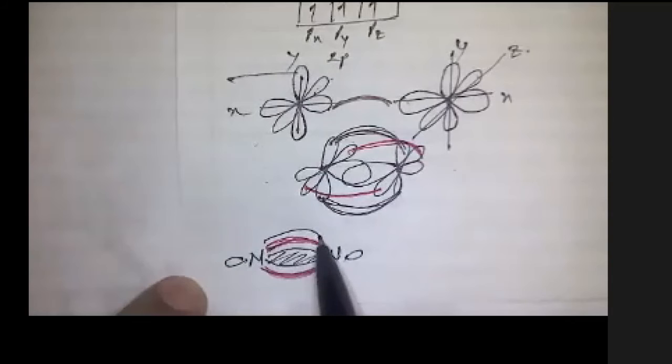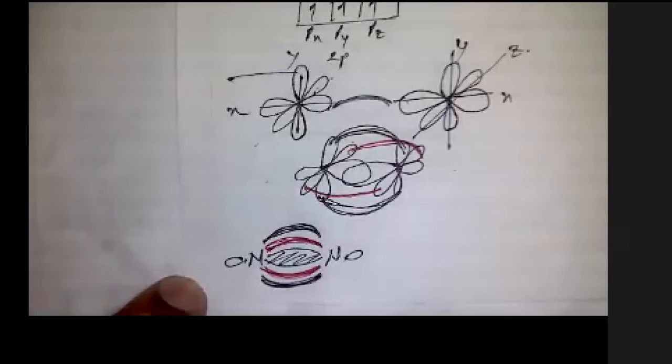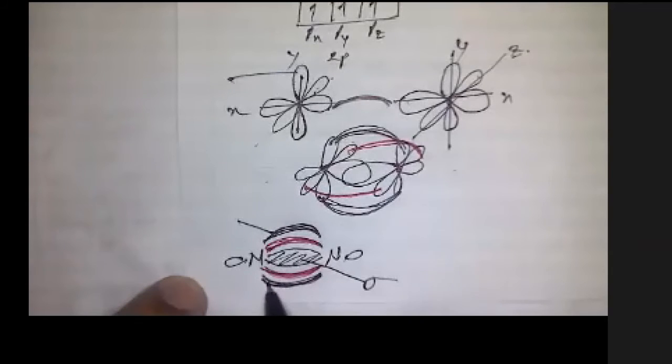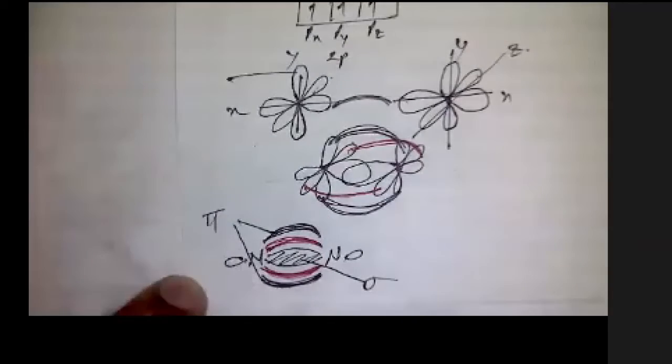So we just represent it here. I'm just representing it like this, but actually it is perpendicular to each other. So here, this one represents a sigma bond, then this and this represents a pi bond, and same way, these two, they also represent a pi bond.